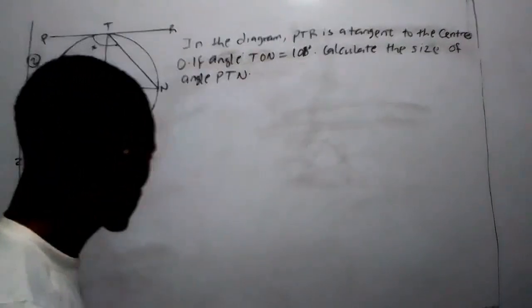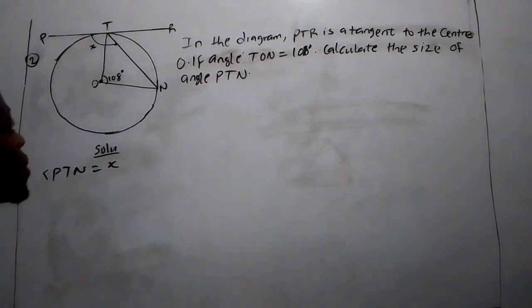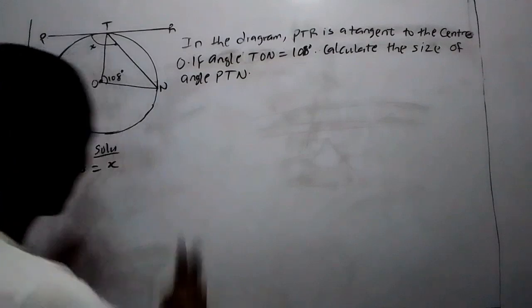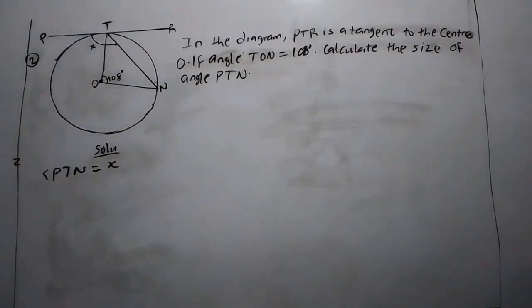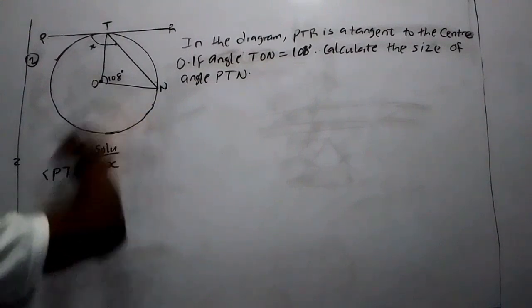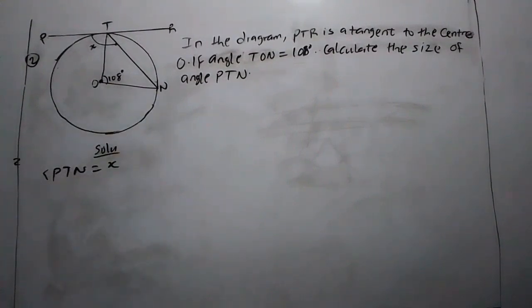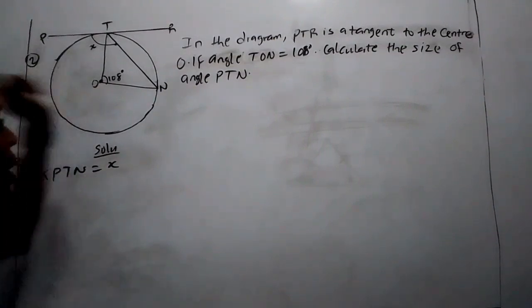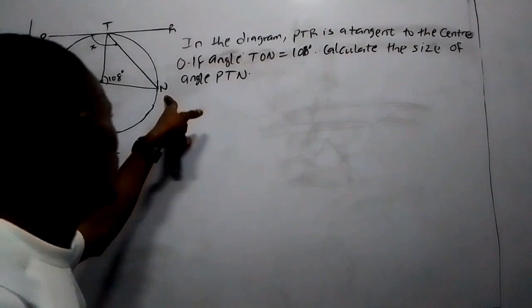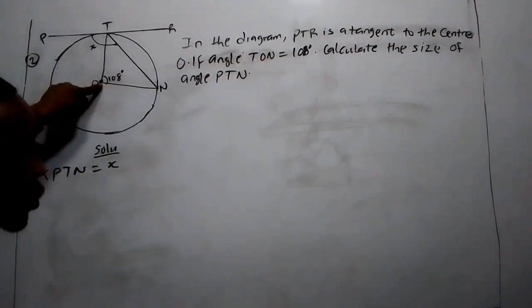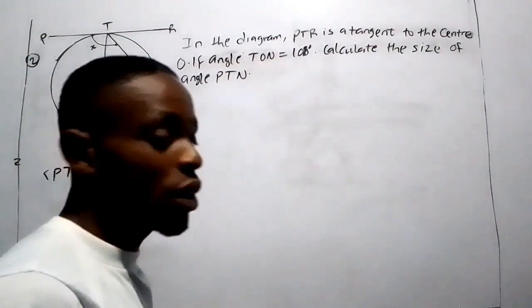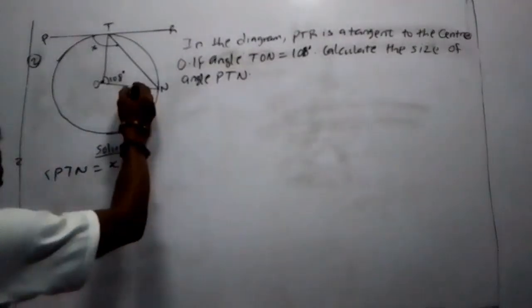How we solve this question is very simple. In the previous class I explained some things about circle geometry. You look at the diagram first, and you notice the center of the circle. The line here is a radius, because a line that goes from the center of a circle to any point on the circumference is called a radius.